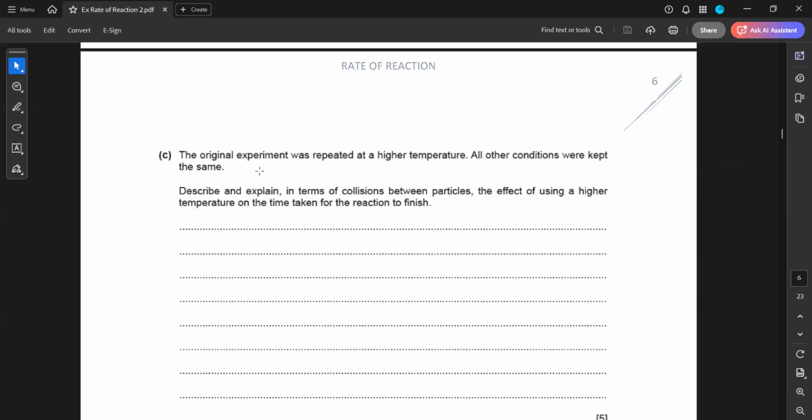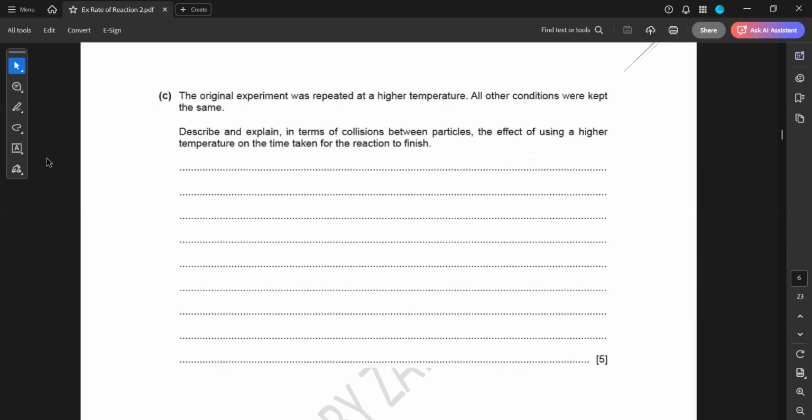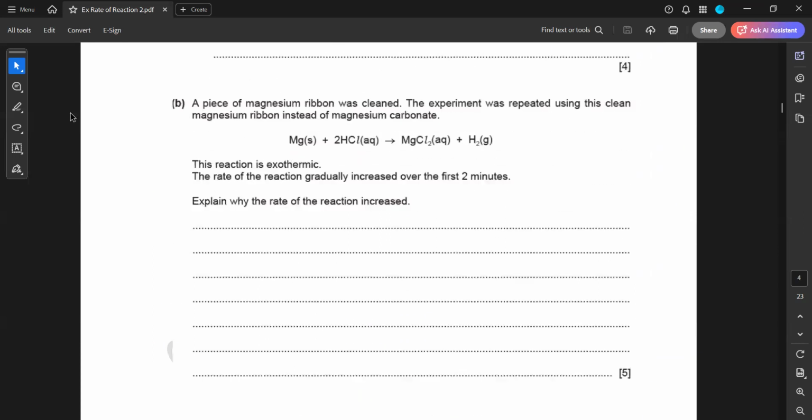The next is a 5-mark question in which they mention the original experiment was repeated at a higher temperature. If I give you an idea, sometimes for higher temperature, how many marks was the question? 5. Sometimes the same question, when we do the experiment at a higher temperature, here also 5.